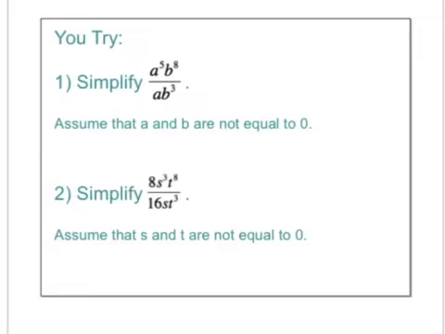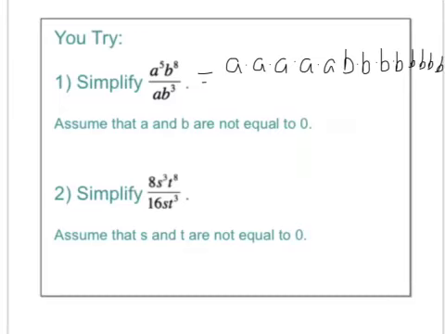Alright, so let's look at this first one. We've got 5 A's on the top, because that represents our A to the 5th power. We have B 8 times. And then that's all over A times B times B times B. So when we cancel, we're canceling out 1 A and 3 B's.